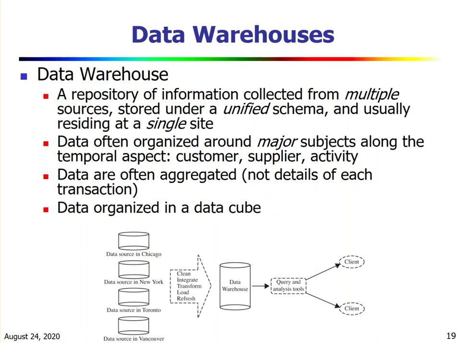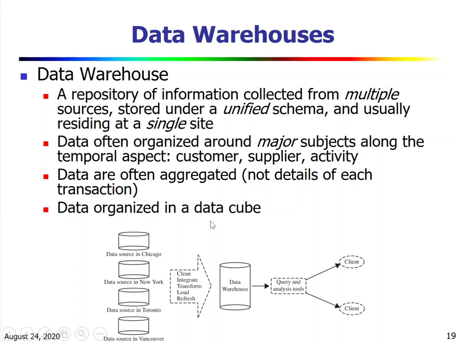Those data are aggregated, not like transactional databases. The data may be sales in a quarter, so data is often organized along the temporal aspect and aggregated. So we don't actually care about individual transactions. We don't care whether Tom purchased a pair of glasses. We care how many pairs of glasses were purchased during a certain amount of time by what kind of customers.